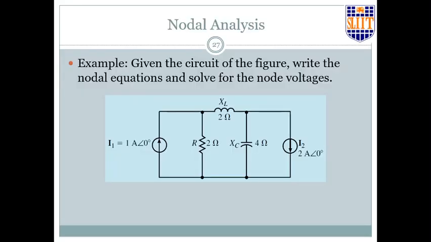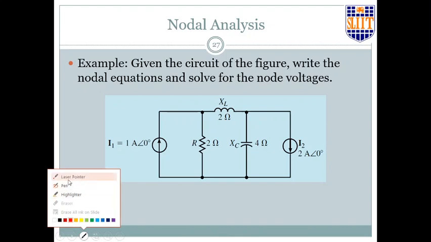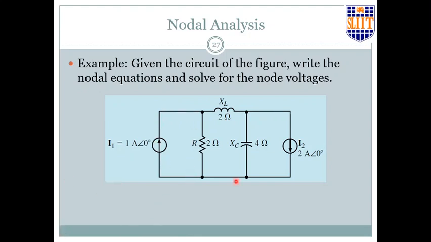So nodal analysis, here I'm actually not going to derive the equations, but I would like to go through the slides here. Given the circuit of the figure, write the nodal equations and solve for the nodal voltages. You have a circuit with 2 current sources.